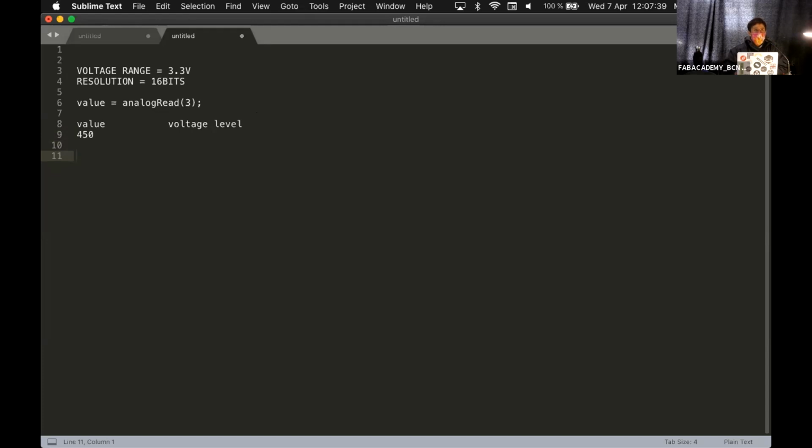What is the voltage level if I have 16 bits and a 3.3 voltage range? It's 450, but 16 bits, divided by 2 to the 16 bits, times 3.3.